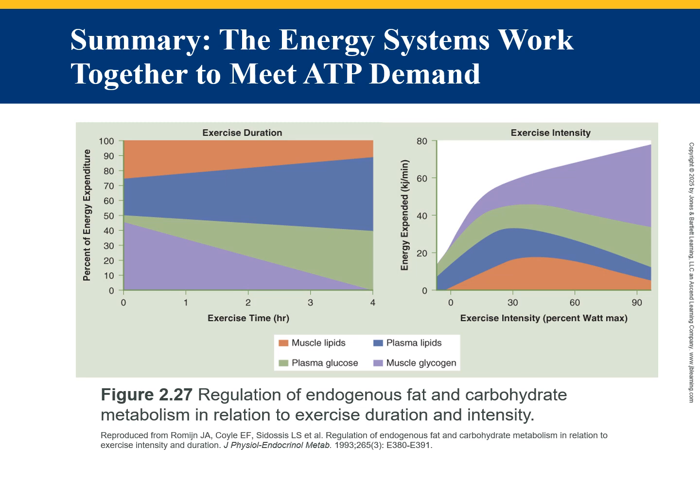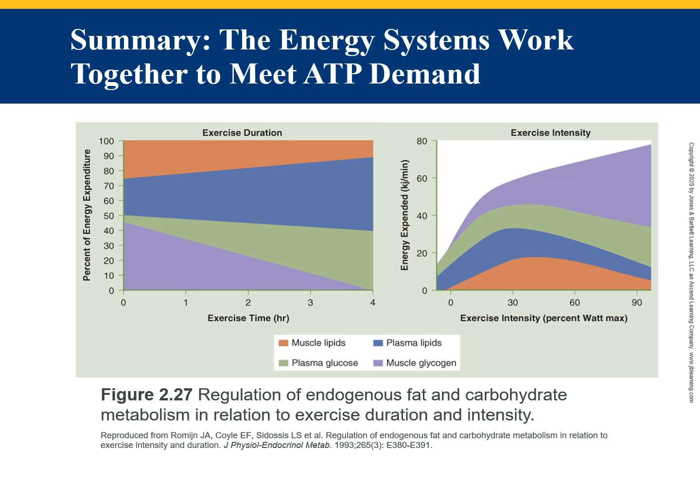We start to rely more on blood glucose, but we have fat to utilize as well. So we initially will use some muscle lipids, but more and more we'll start to use some from the plasma. So we have primarily carbohydrate and fat that's utilized for energy during exercise, and that shifts over time.